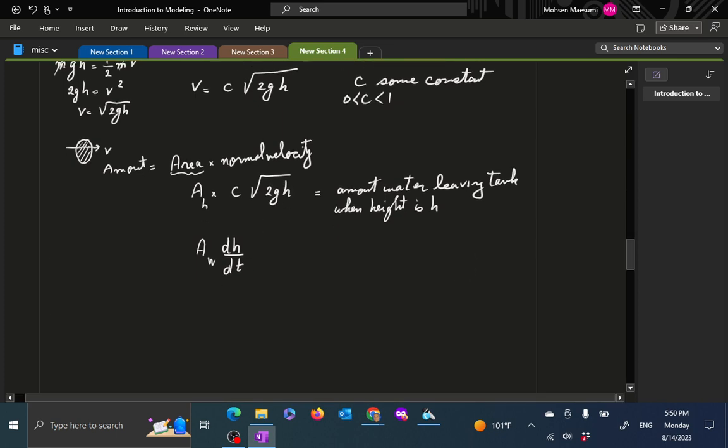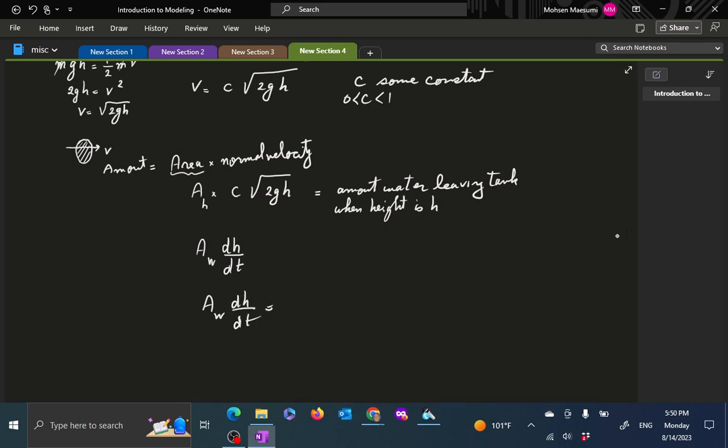So what we do is that we set AW dH equal to this, except that notice that this H we are losing height, and therefore the dH/dt will be negative. So for that reason we are going to have minus A sub H times C radical 2gh.